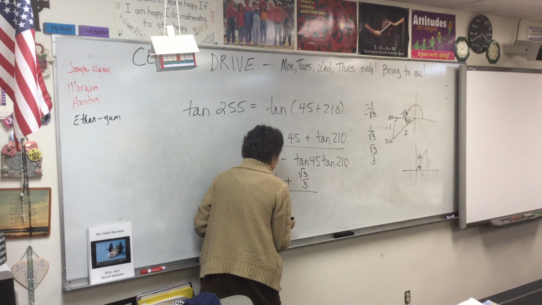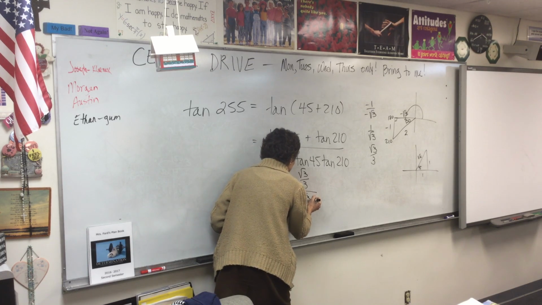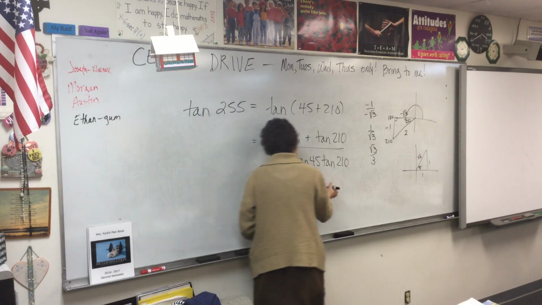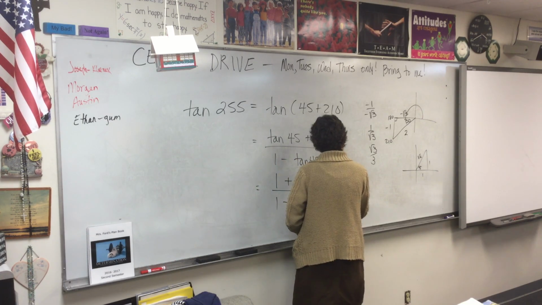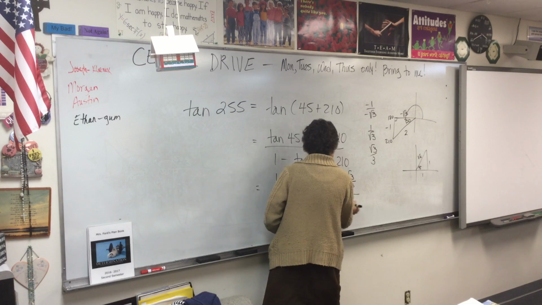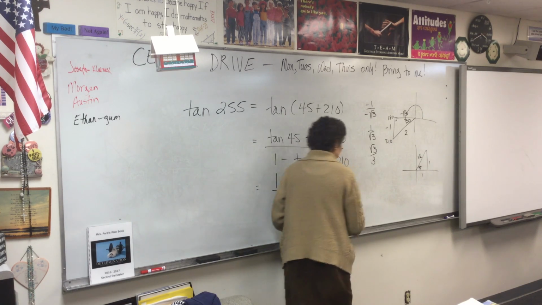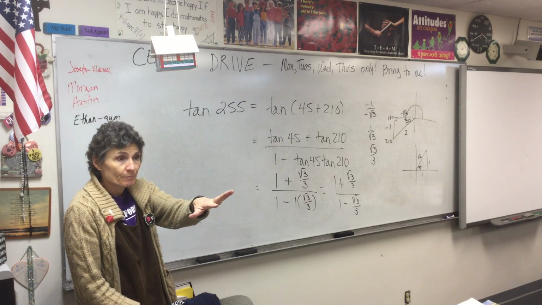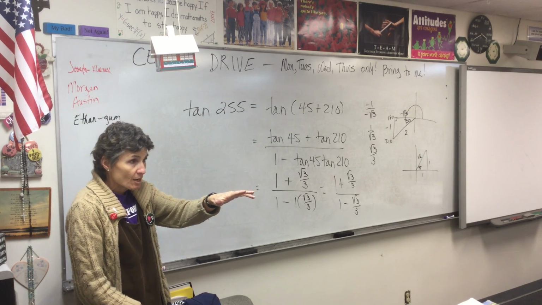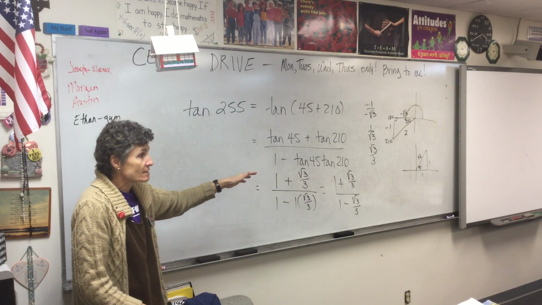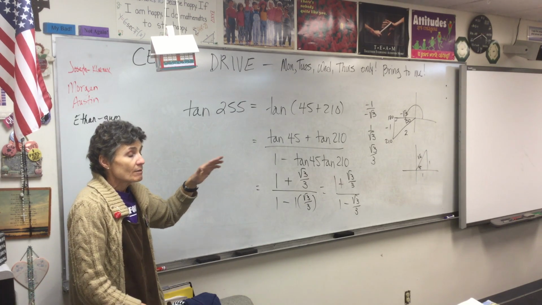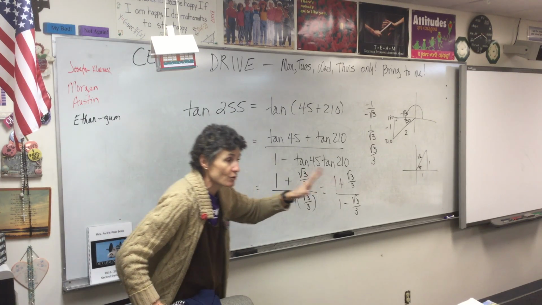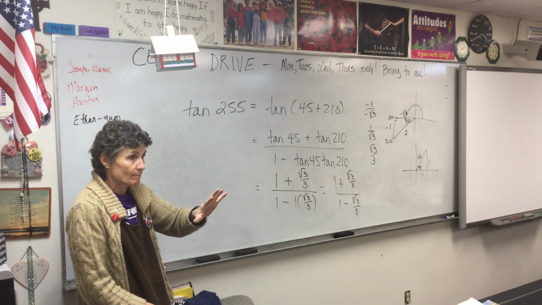And then 1 minus 1 times root 3 over 3. So it's 1 plus root 3 over 3 over 1 minus root 3 over 3. Now, nothing cancels. Do not even think about it. Remember, when you've got adds and subtracts in the problem, the only way to cancel is to factor. Nothing factors, so you're not going to cancel anything out.